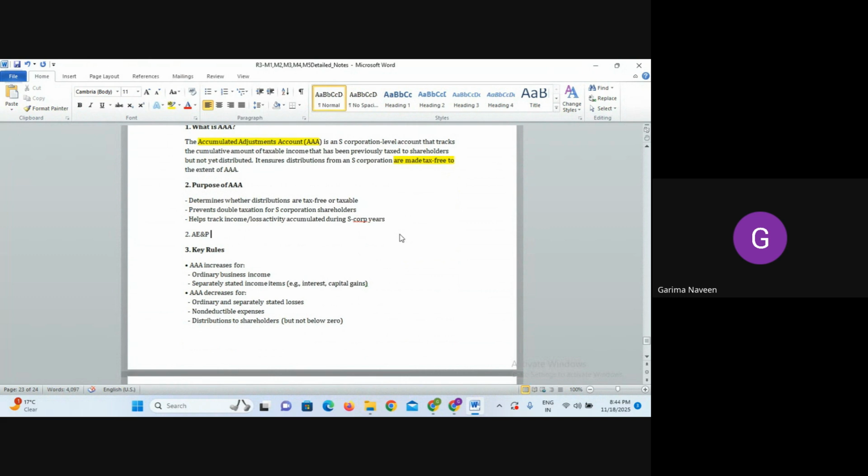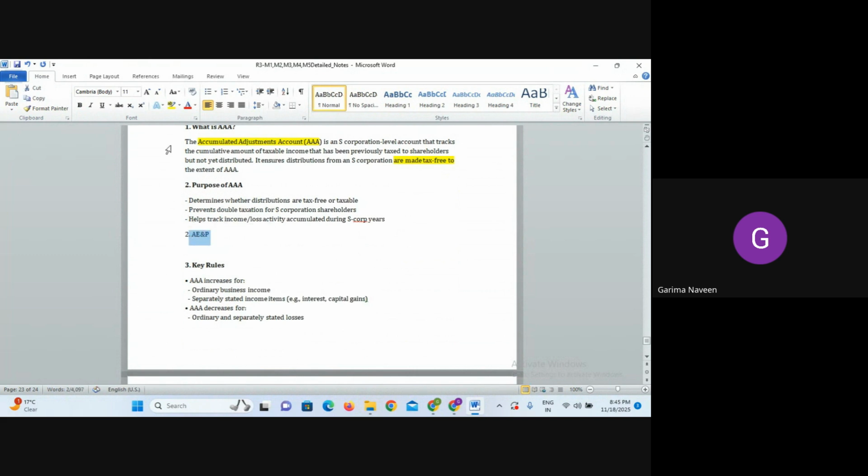So there may be chances that when your corporation was a C corporation, you had certain earnings and profits which you have not distributed to your shareholders. So they will come in your AEP account. Okay, accumulated earnings and profits.